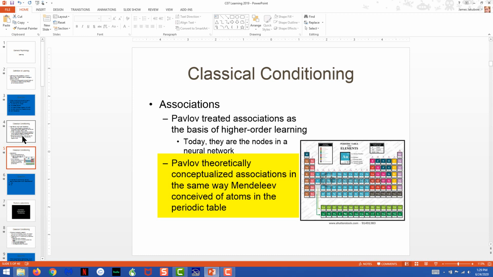When Pavlov starts studying conditioning, he starts to think of the associations that subjects make as conceptually similar to atoms. And as a result, he essentially refers to them as mental atoms. So there is a strong connection between an idea in the field of psychology in that the most basic behavioral unit of control is an association.